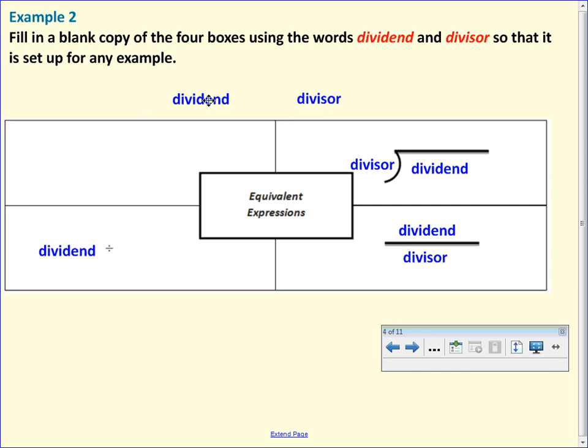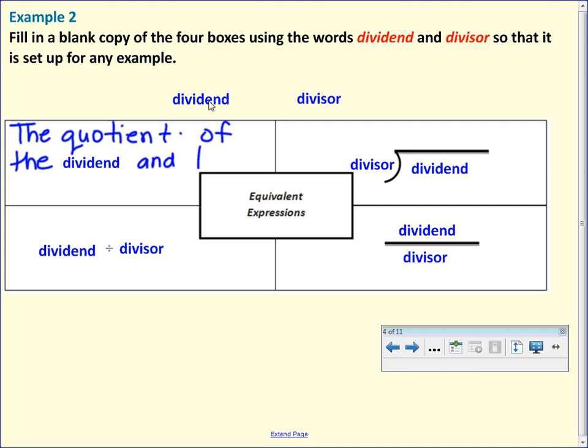Dividend divided by the divisor. And in words, the quotient of the dividend and the divisor.